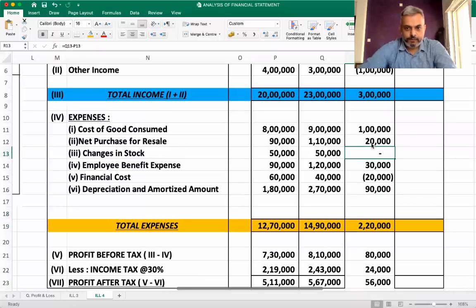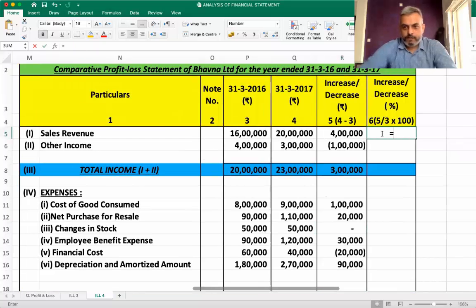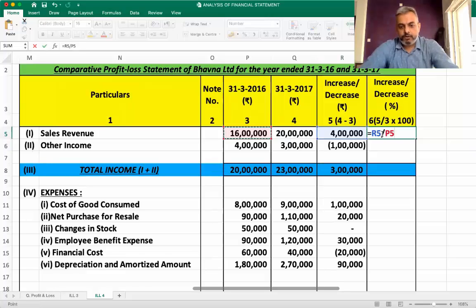Now let's find the percentage. How we find the percentage is very simple: increase or decrease divided by previous year into 100. You can directly use percentage.